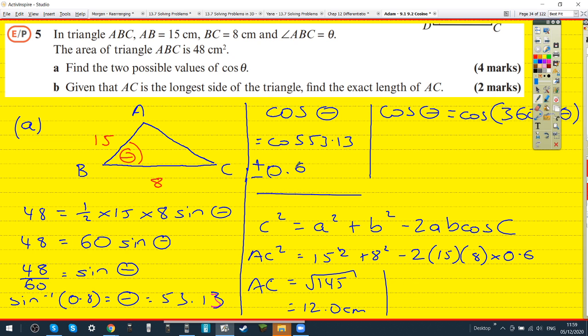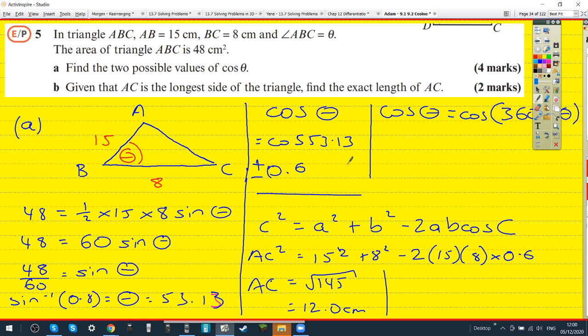I have a crazy idea though. Remember two possible values, plus or minus 0.6? Now try it with minus 0.6. So remember you did 15 squared, 8 squared, minus 2 times 15 times 8, so this time times minus 0.6 at the end.